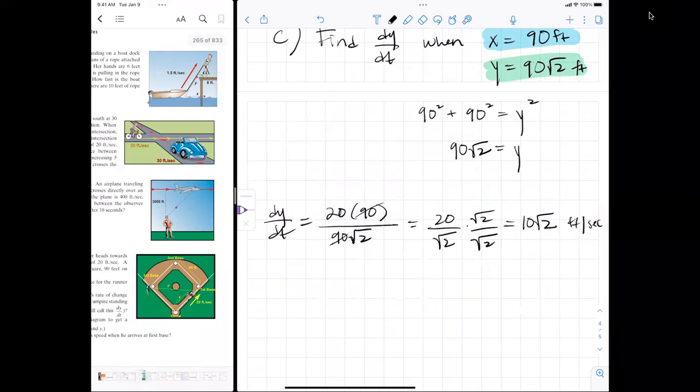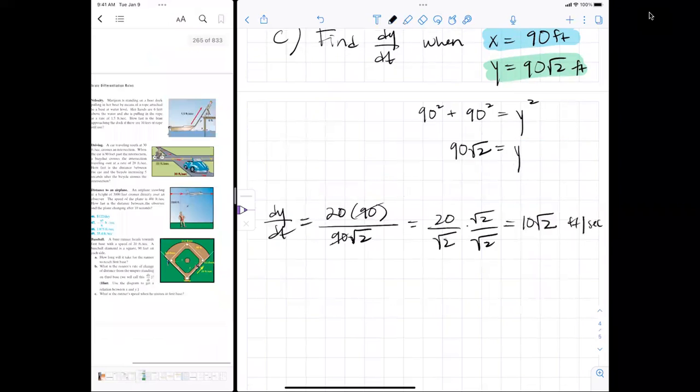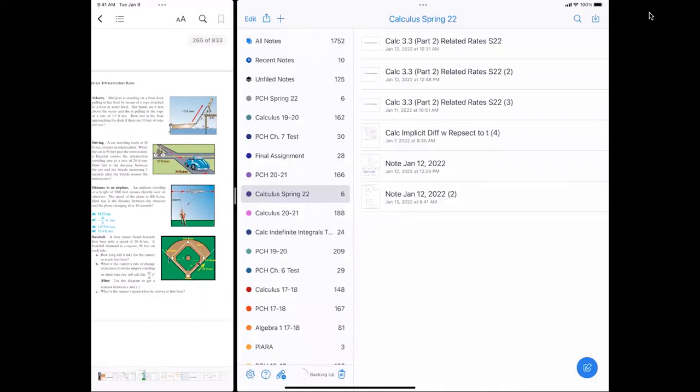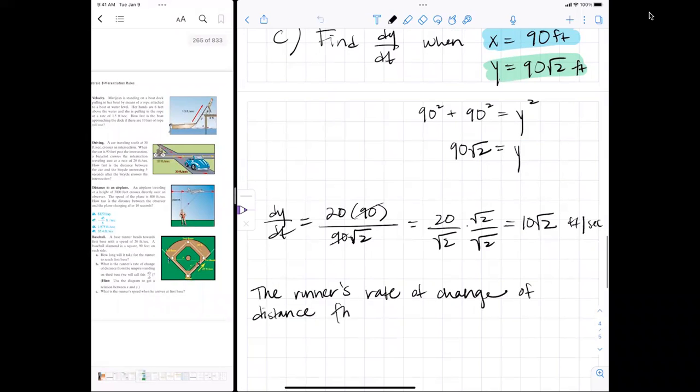And then we should summarize with a sentence. So we could say something like, the runner's rate of change of distance from the umpire is 10 root 2, or if you wanted to use the decimal approximation, that's fine.